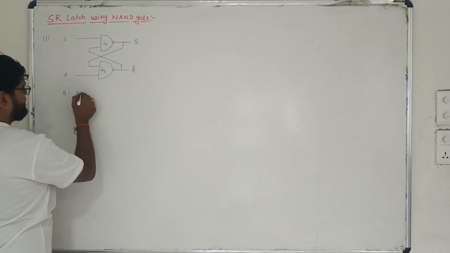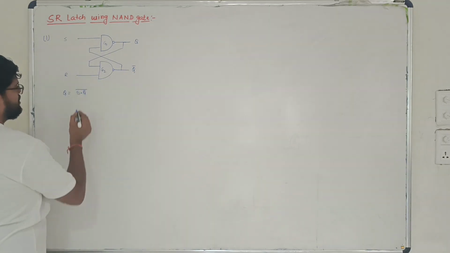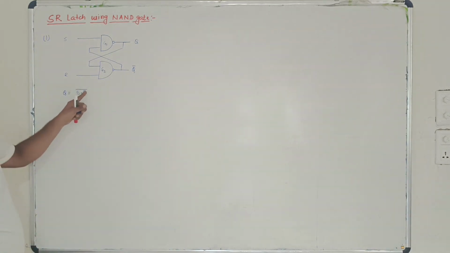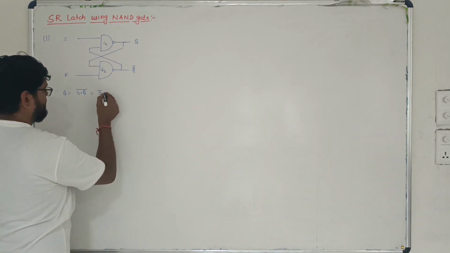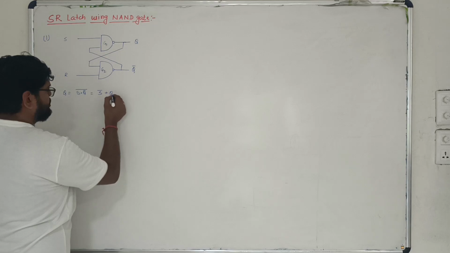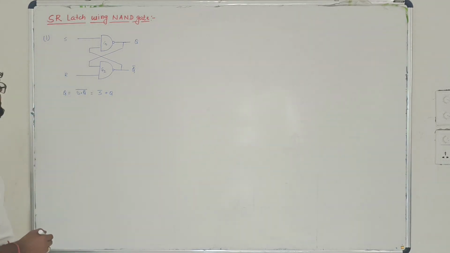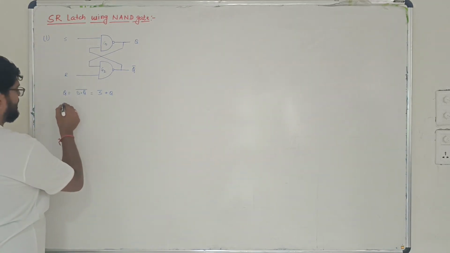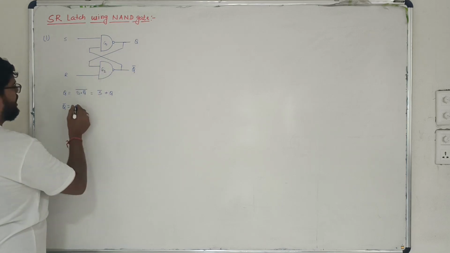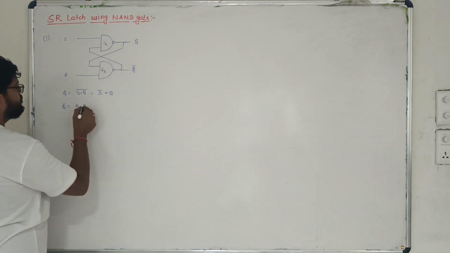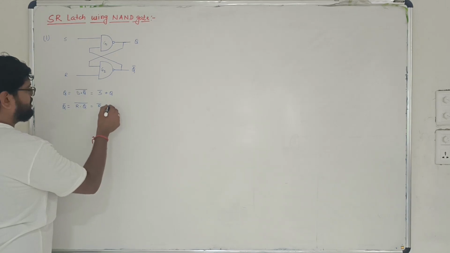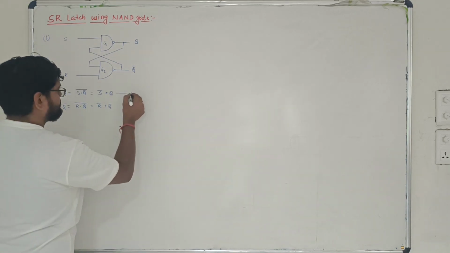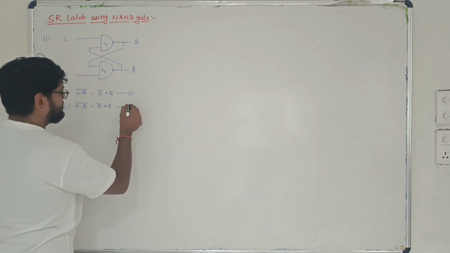So we can write it as S dot Q bar whole bar, and in summation terms, it will be S bar plus Q. Similarly for Q bar, I can write it as R dot Q whole bar, that is nothing but R bar plus Q bar. This is our expression 1 and this one is our expression 2.